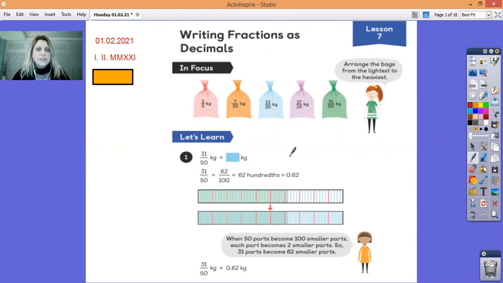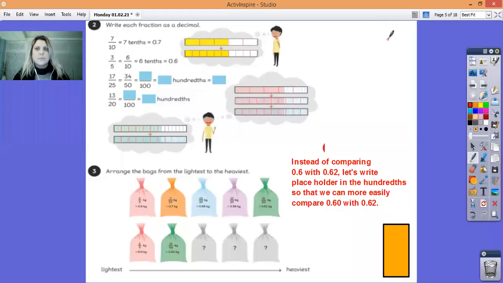Now let's have a look at this. Just 1 second. So go back here. So now we can compare them properly. So we have found out how to do the 31 over 50. So that will become 62 over 100, so 0.62. So now we can have a look at 7 tenths.